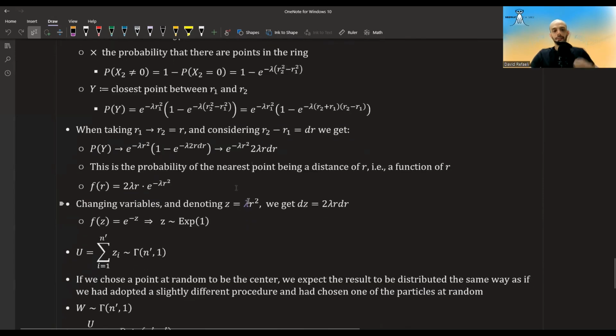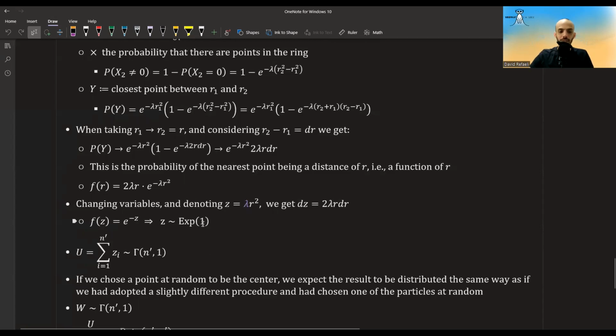Okay, so this tells us the probability of the nearest point being at a distance of r from the point that we are at. Now we are going to do a variable change. We will denote by z lambda times r squared, and then dz is equal to this. And then what we get is that actually z distributes exponentially with parameter 1.